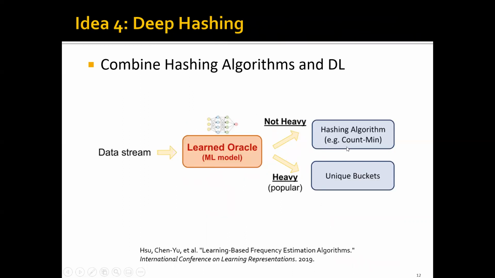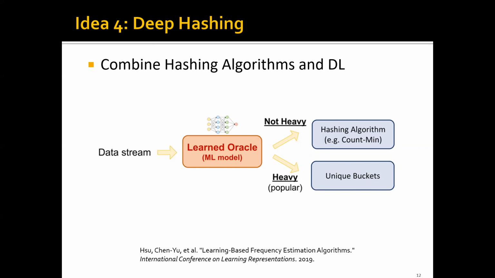And the fourth general idea is about both deep learning and hashing. Remember, in one of the previous lectures, specifically when we talked about locality sensitive hashing, in one of the steps, we talked about how to use some general hashing algorithm to hash some strings into some buckets, and then we count the occurrences of such buckets, right?